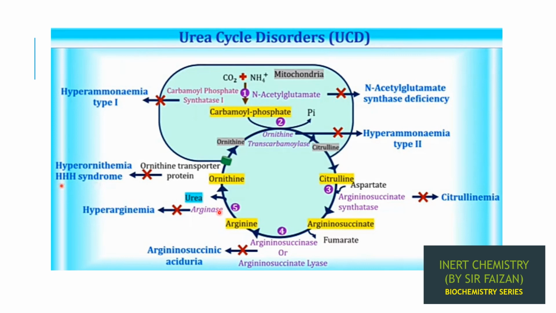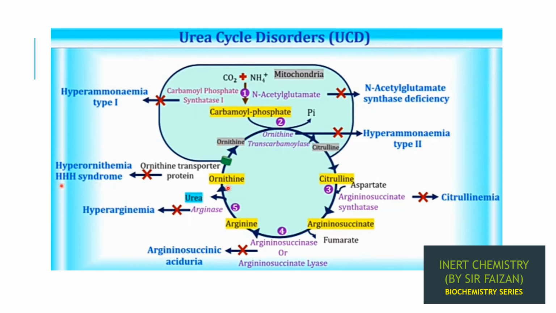So there are 5 different enzymes, and if any one of these enzymes is defective, then it leads to a specific disorder. Similarly, you know that ornithine is present in the cytosol, but citrulline formation requires ornithine within the mitochondria.